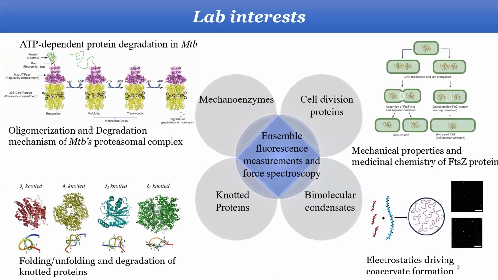So very briefly, these are the 4 projects that we work on. One is that we are trying to understand enzymes called mechanoenzymes. As I just told you, mechanoenzymes are enzymes that catalyze a mechanical reaction. That means these are nothing but nanomotors that convert chemical energy into mechanical energy.